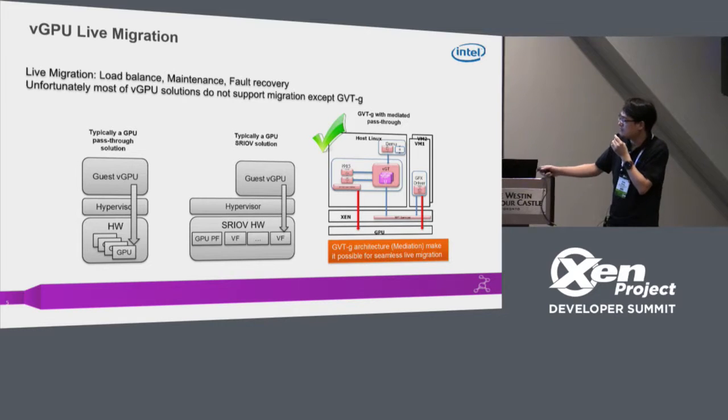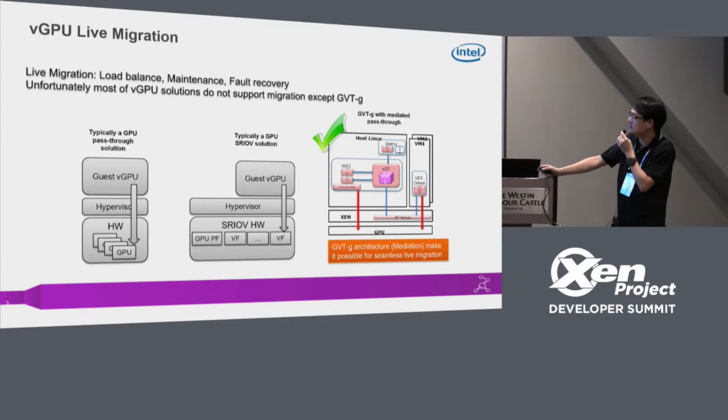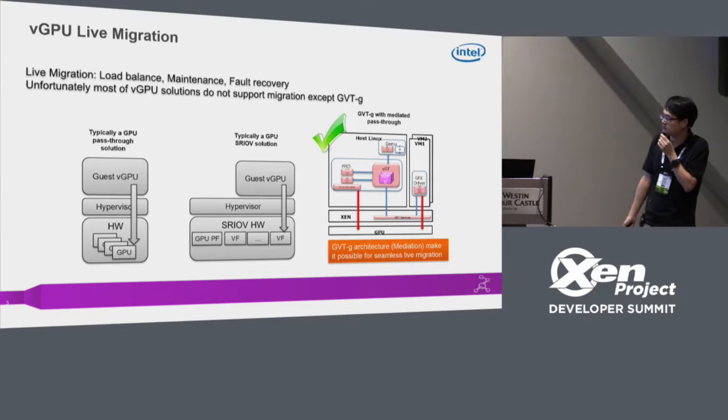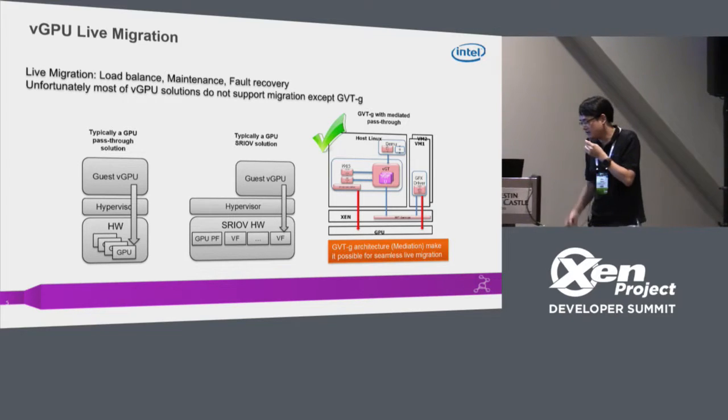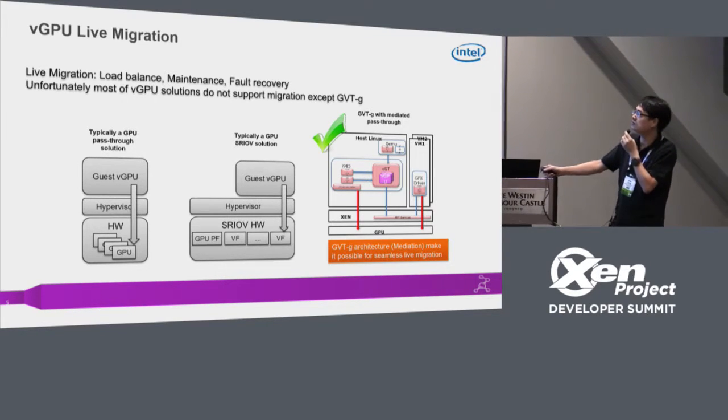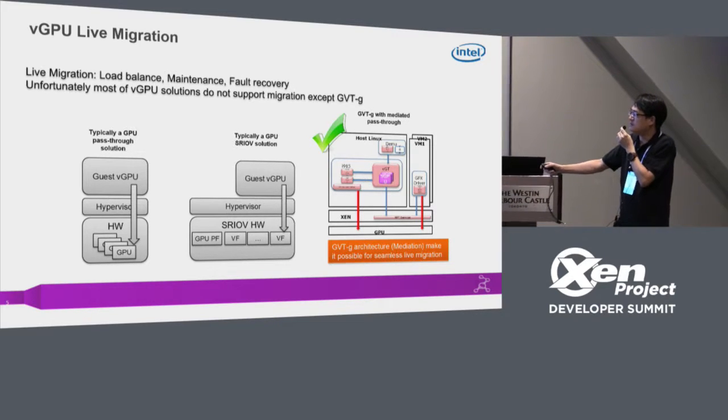Another typical vGPU solution is SR-IOV. Basically, there is a GPU PF in the hardware, and several VFs, and management tools assign one VF to one of the guests, and that guest dedicatedly owns this VF core and submits workload to it.